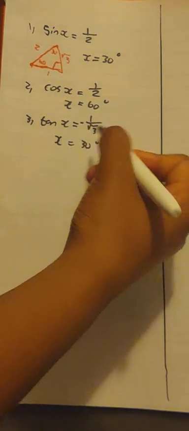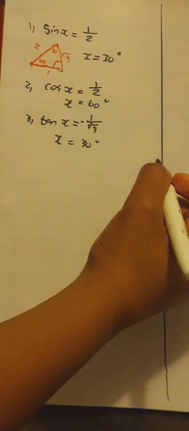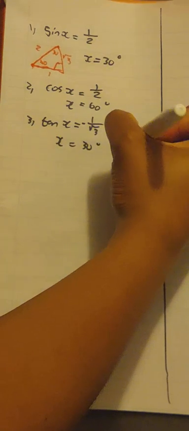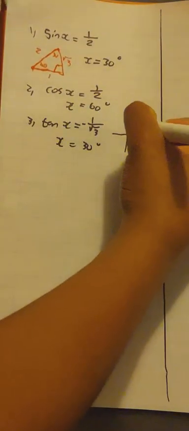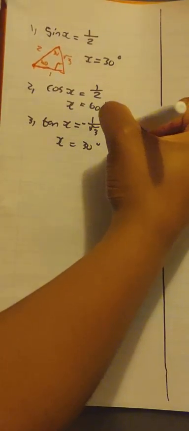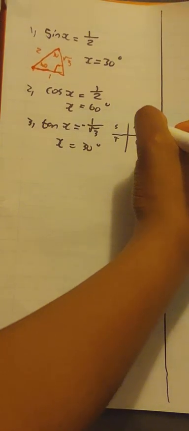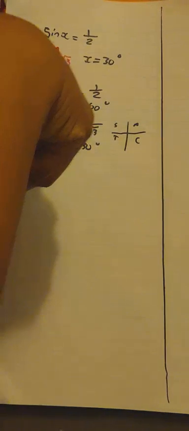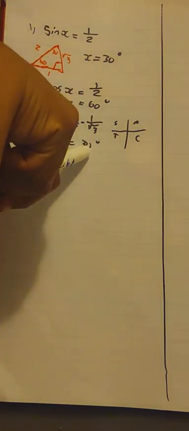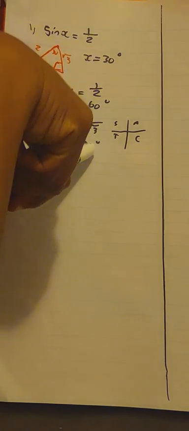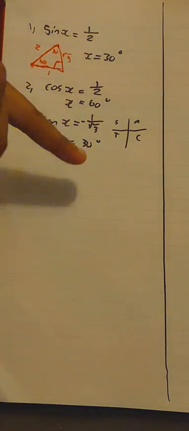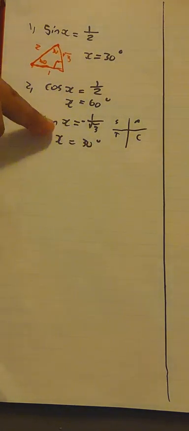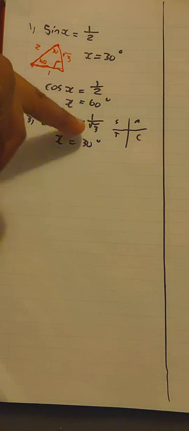But what does that mean? That means we go to our cast diagram, and tan is opposite over adjacent, and we got the answer, which is 30 degrees. But guys, our tangent is negative.